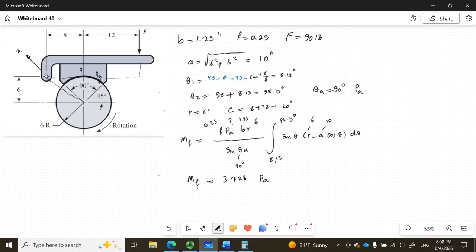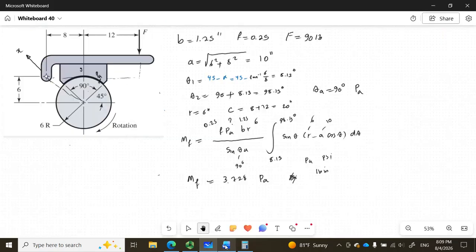Units, you have to make sure that if everything is in inches, then pressure can be in PSI, and then the moment is going to be pound inch. Alright, so this is what I got for MF.